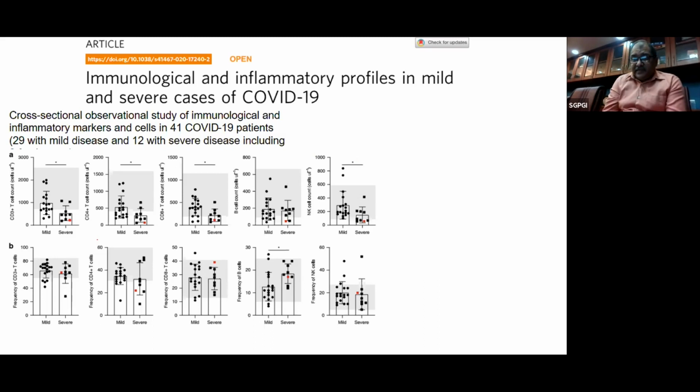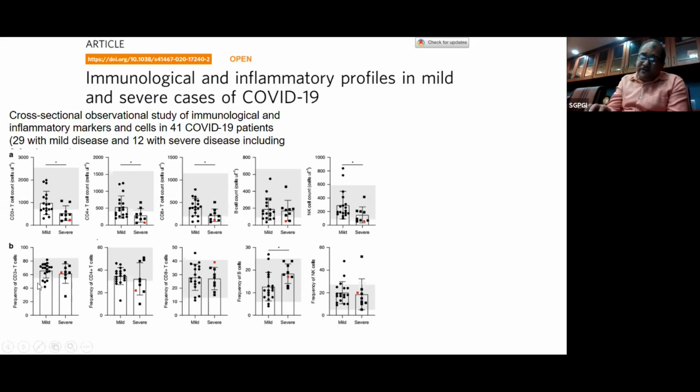As can be seen here, the patients who had severe disease, their CD3 positive T cell responses are poor. Same is true for their CD4 cells and CD8 cells. The B cell count was normal. However, the NK cell, which is a natural killer cell, population was much less.